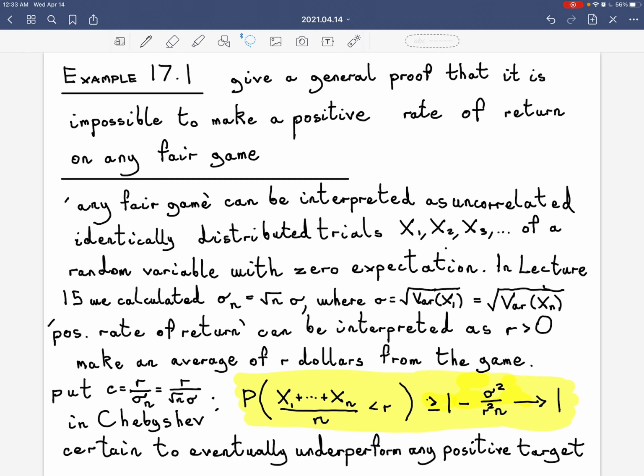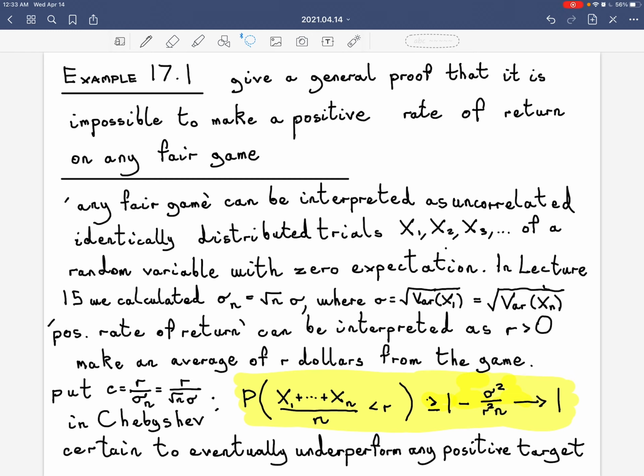And if you want to conduct further analysis, it's best to recenter things at zero so you're playing a fair game, because otherwise things just get overwhelmed by the fact that one side is making a consistent rate of return.